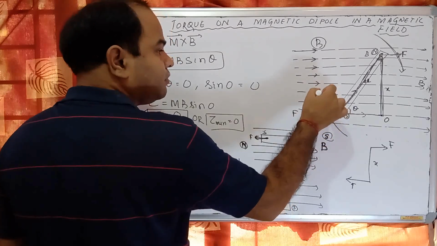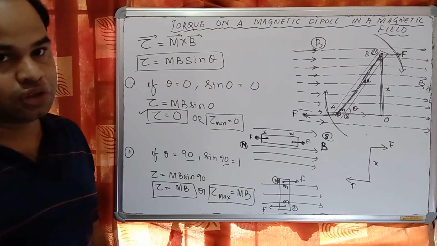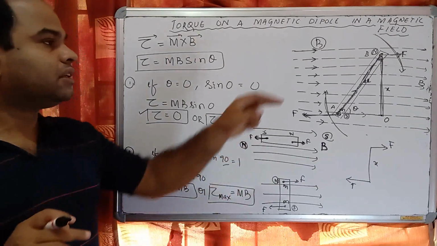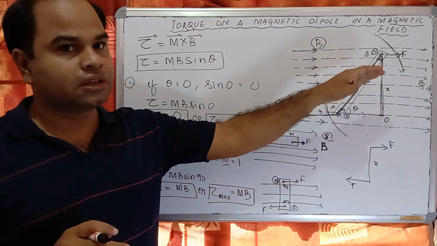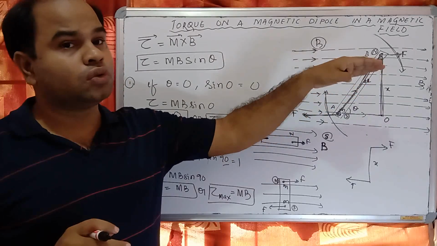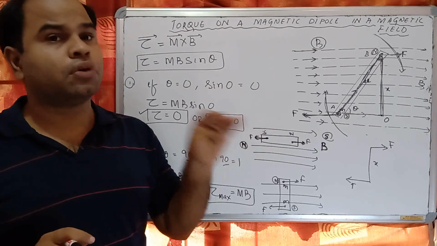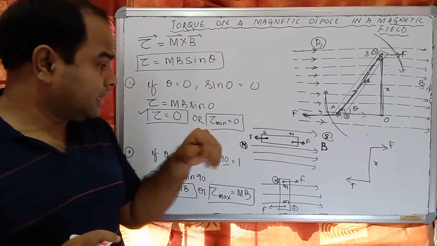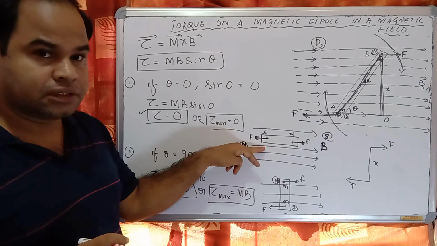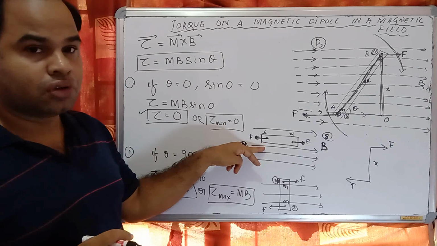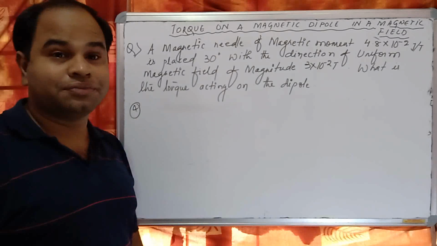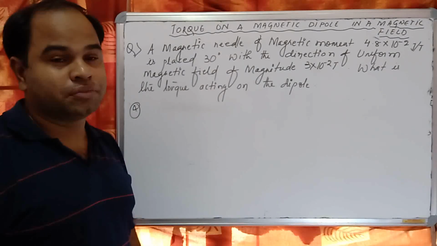The bar magnet tries to rotate to bring the dipole to this position, because this is the stable position for a magnetic dipole. Next we will do a question based on this torque.